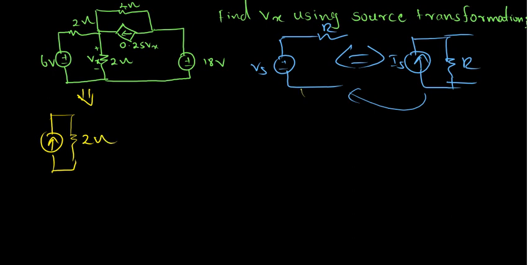We changed these two, and again there is a 2 ohm resistor with plus-minus Vx.